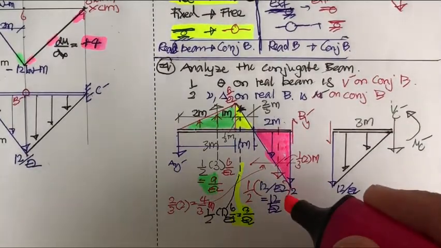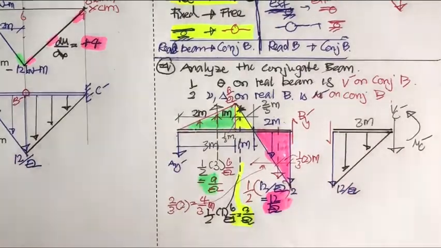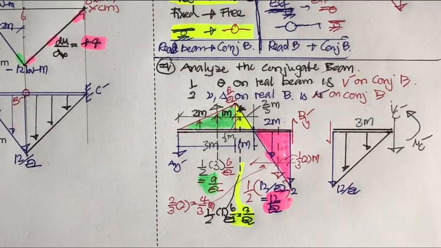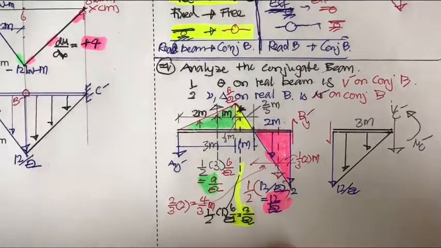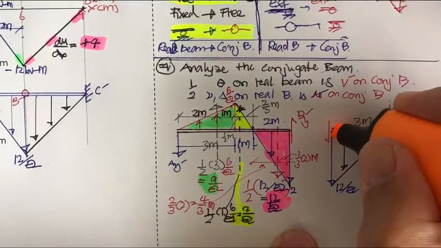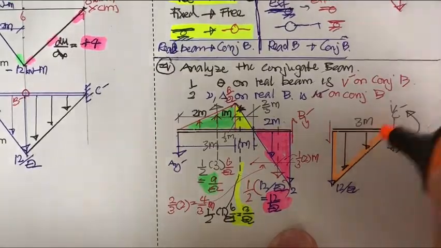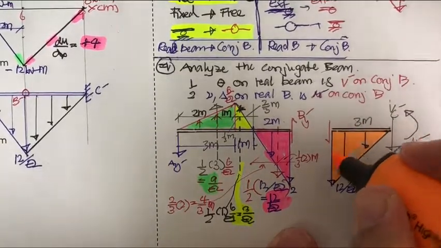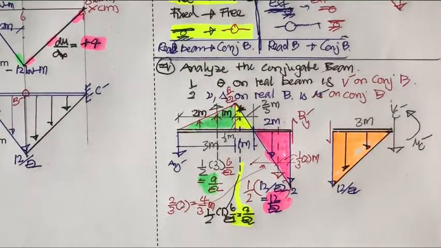Okay, this is going to be 12. And we also have another one here, the last one. And what we have is the resultant.